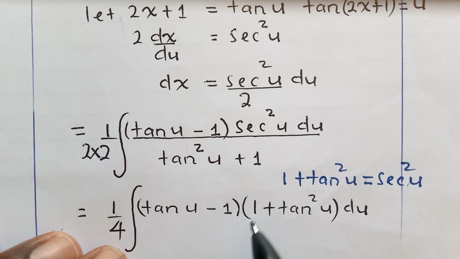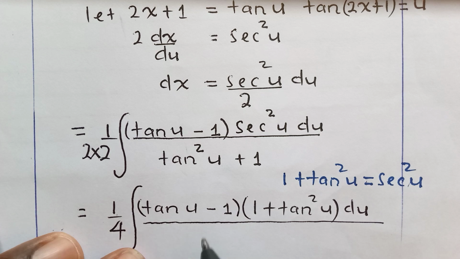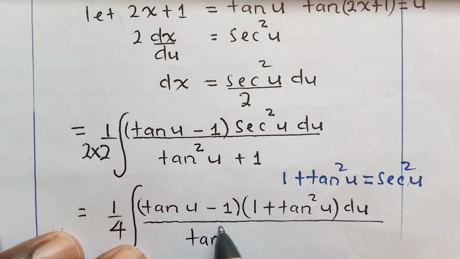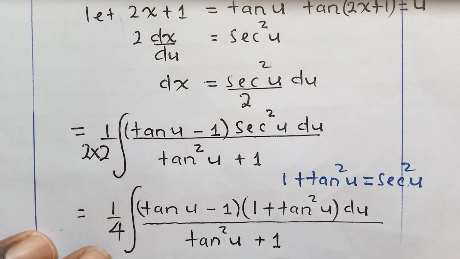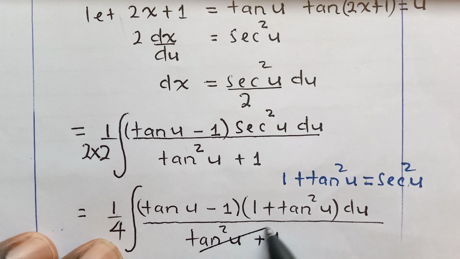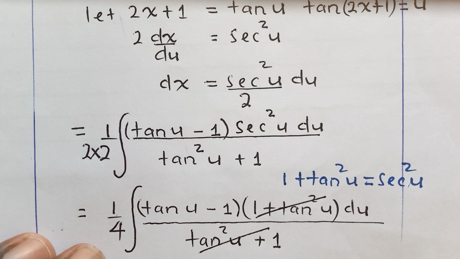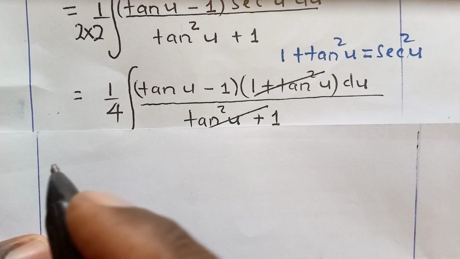And then we can now draw the line there, all over tan squared u plus 1. Guys, now you can see that this can cancel. That can cancel that. And so we are left with the other figures. So guys, this is now what we have.